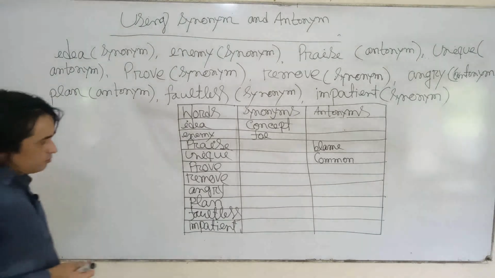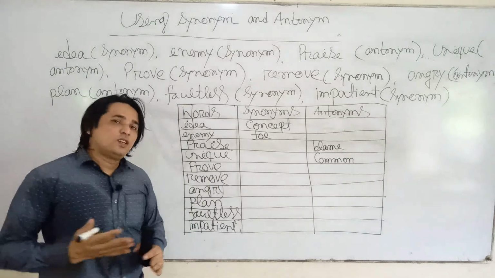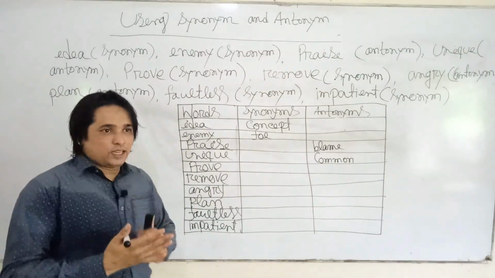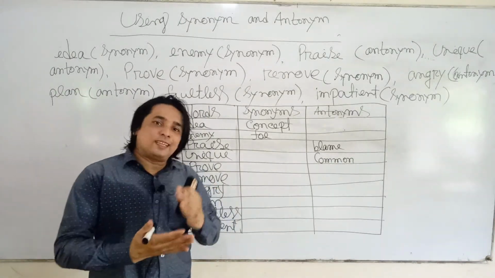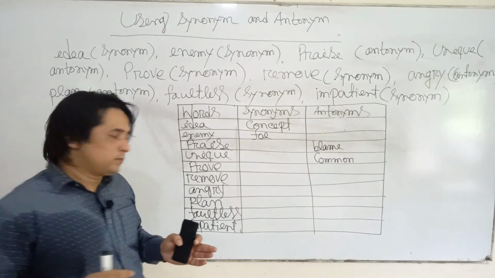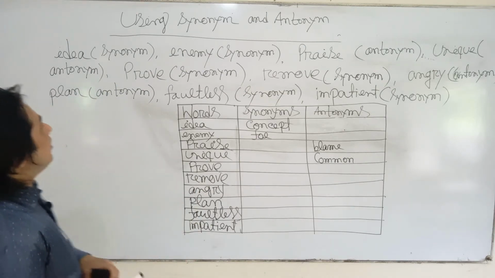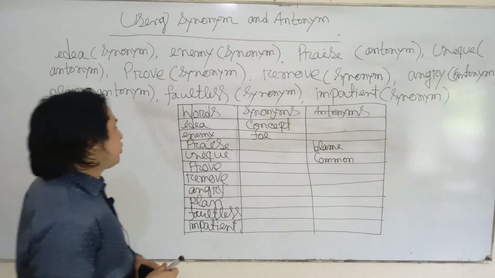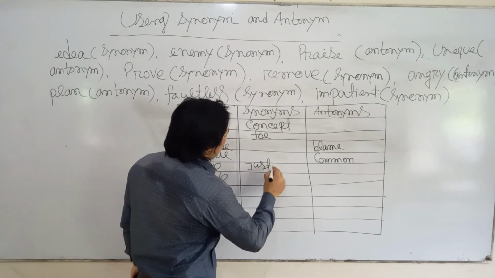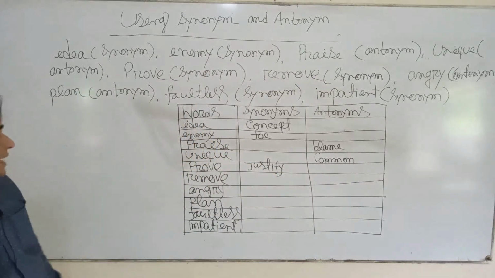Prove. Prove means to try to convince somebody in favor of something. Okay? Prove, we'll have to write down the synonym. Prove means justify. Prove means to justify.